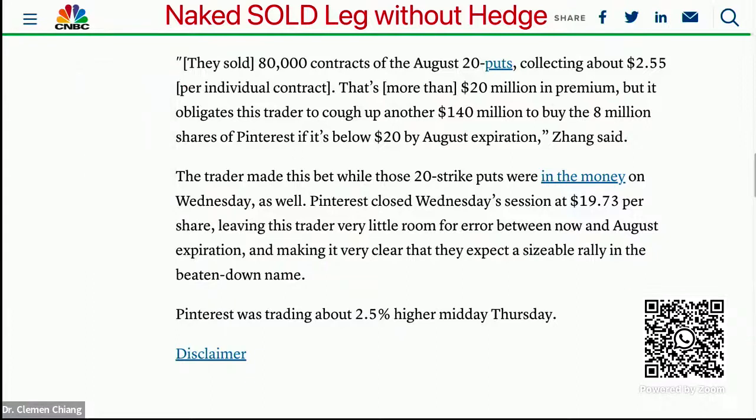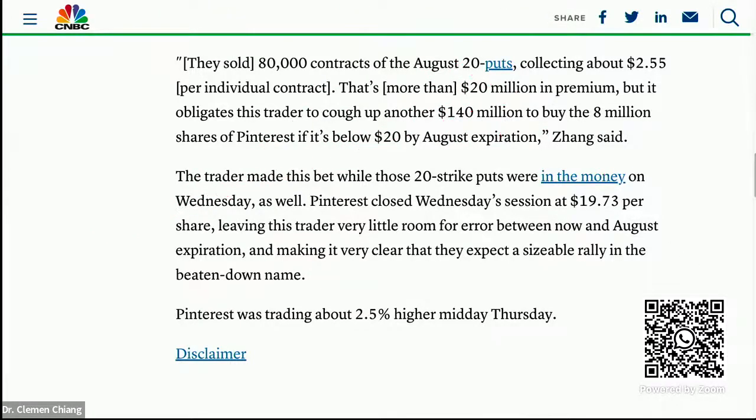Now, even if it's true, you can see how ridiculous this whole thing is, right? Let's say this person who contributed to the article, let's assume that his statement is true. That's more than 20 million. So point number one, if it is true, it means that whatever monkey brokerage house this trader is using decided to give this trader 20 million credit into the account, which is bloody ridiculous.